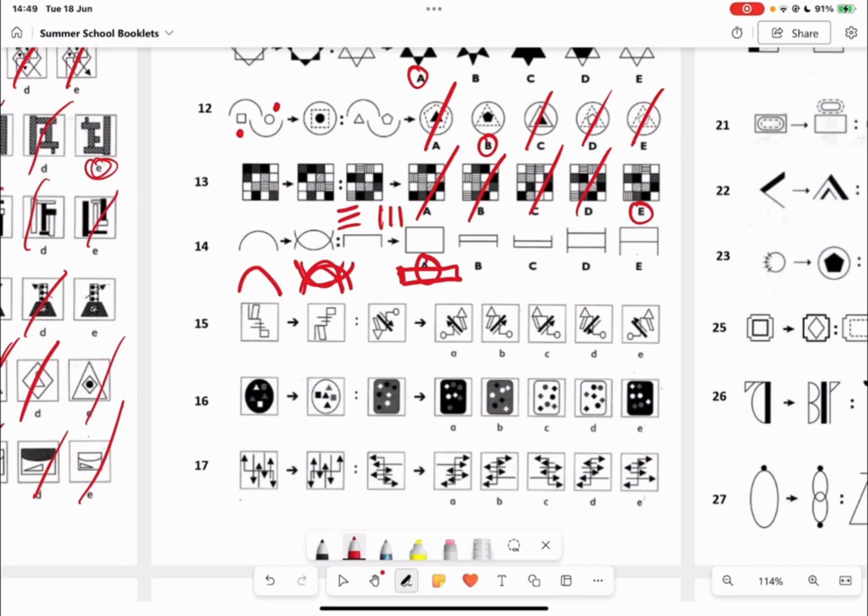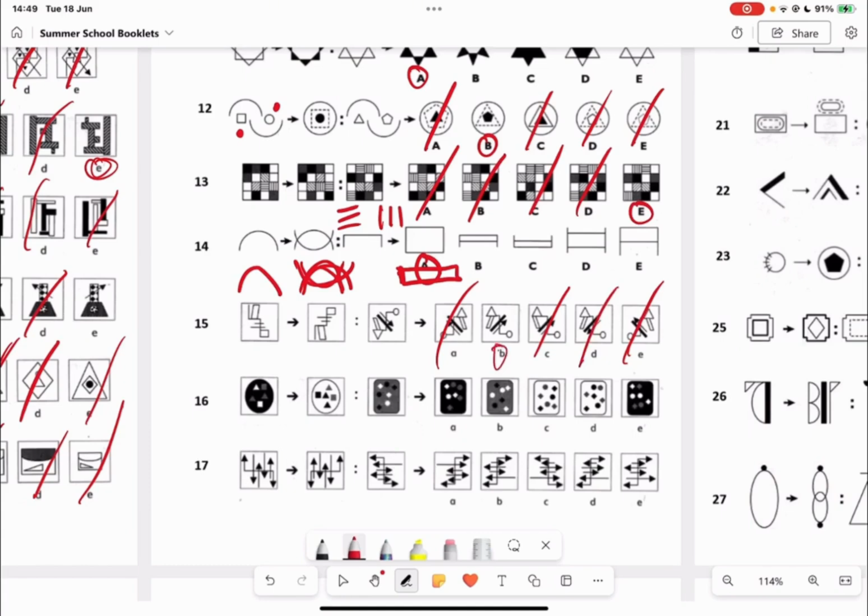So considering that, question 15 cannot be A or E, so it can still be B, C, or D, and now we're just looking at the reflection. So it cannot be C because of the parallelogram, and then it cannot be D because of the direction of the arrow. So the answer will be B.